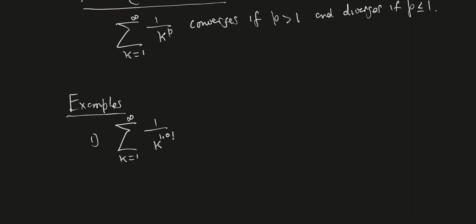So I made it just a little bit bigger than 1, and that's all we need. So in this case, our p is 1.01, which is bigger than 1. Therefore, our series converges.